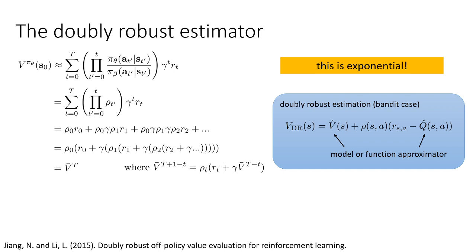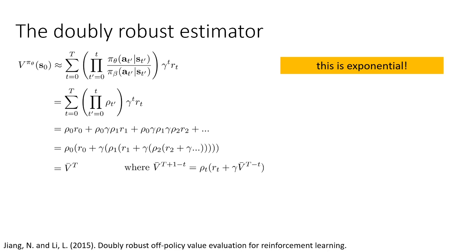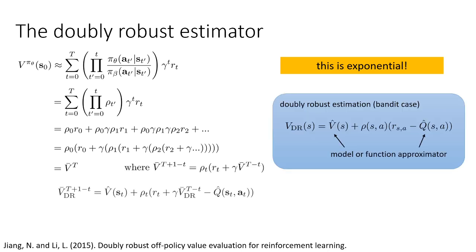The real trick with the doubly robust estimator is to extend it to the multi-step case. And what we're going to do is take this thing in the blue box and apply the same idea to these v-bars. So let's do that. In the same way that we define v-bar capital T plus 1 minus little t, we're going to define a doubly robust version, v-bar DR capital T plus 1 minus little t.